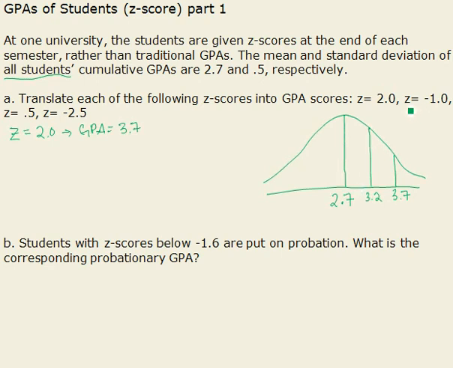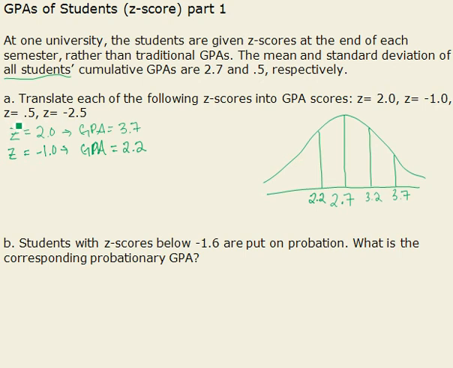Likewise, if I have a z-score of negative 1, I'm 1 standard deviation below the mean, or 2.2. So when z equals negative 1, my GPA is 2.2.